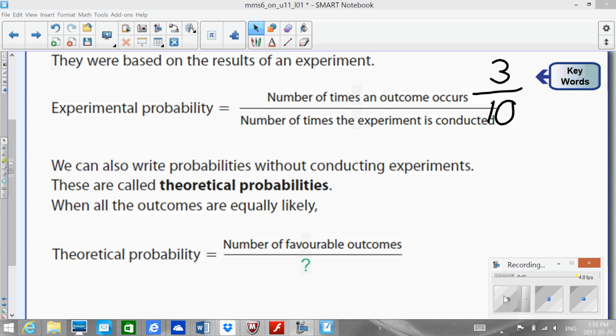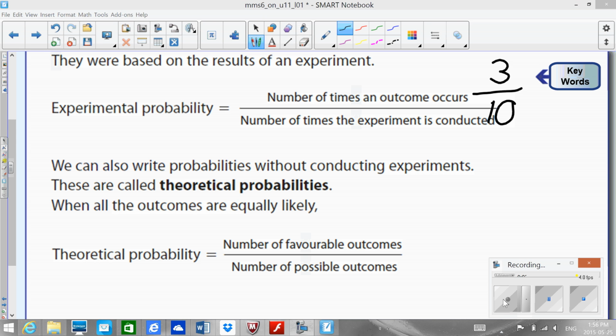So to write a theoretical probability, we'd put the number of favorable outcomes on the top, in this case, how many heads are possible when you flip a coin. And on the bottom, we'd put down, well, what are the total number of things that could happen?